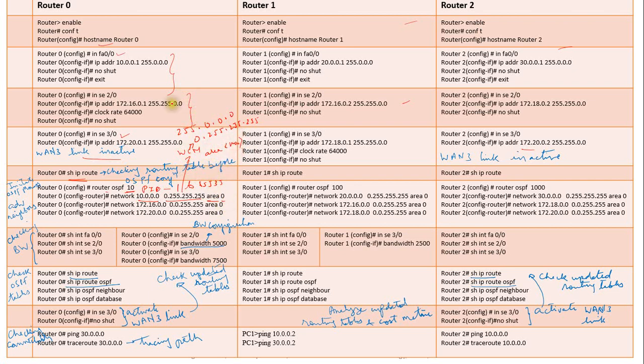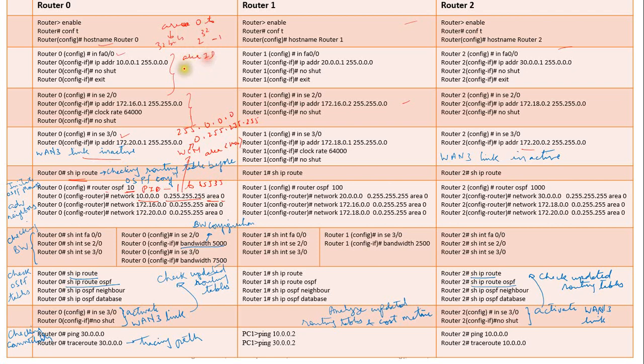The area number can lie between 0 to 2 raised to 32 minus 1, because the area is represented with 32 bits. So the minimum area number will be 0, and the maximum area number can be 2 raised to 32 minus 1. These area numbers can be converted to the appropriate area ID.